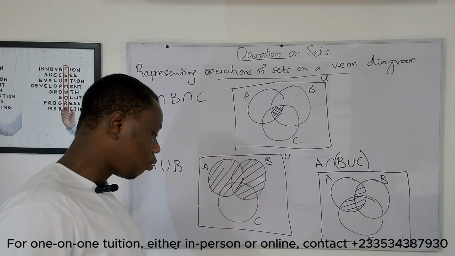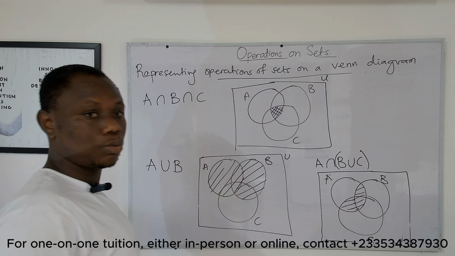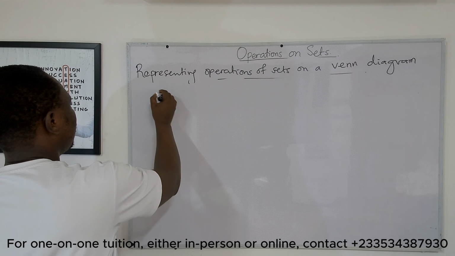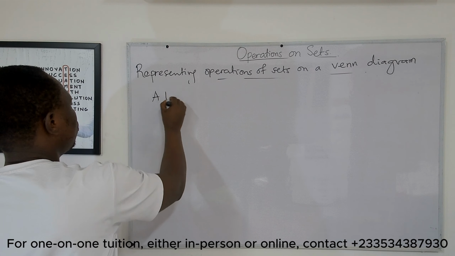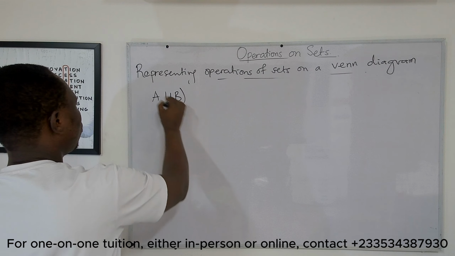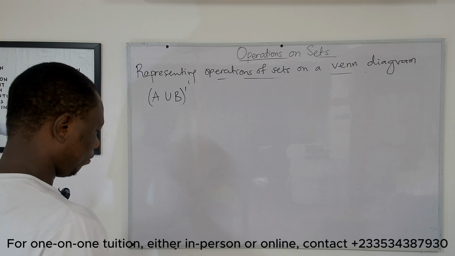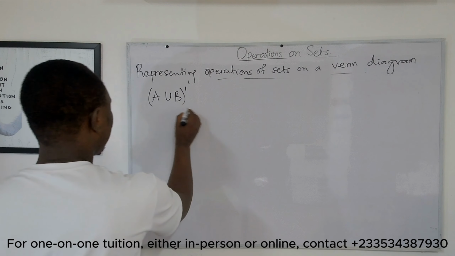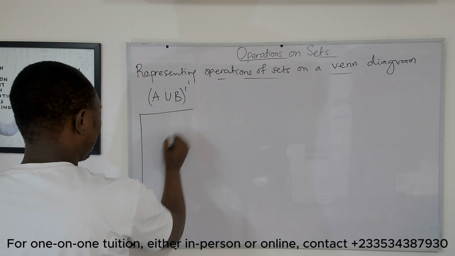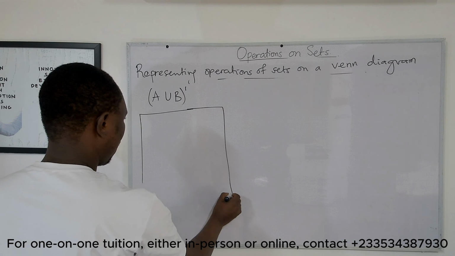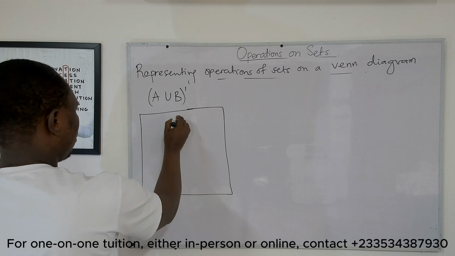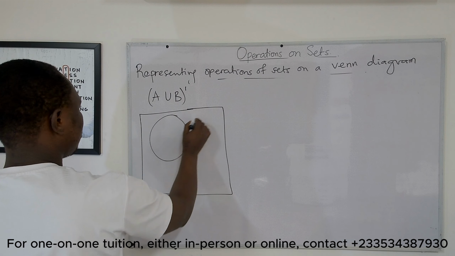Alright, so let's continue with examples that deal with complements. Let's say (A union B) complement.